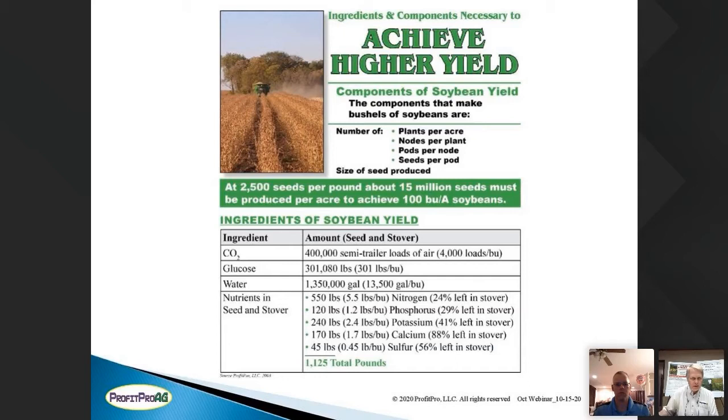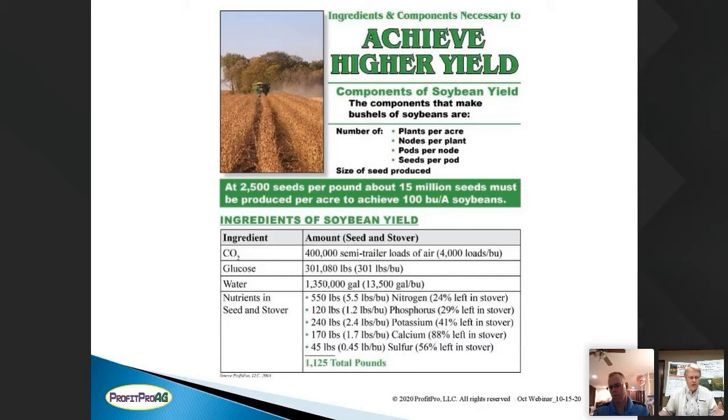It takes about 13,500 gallons of water, over twice as much as corn. Why? Because in the carbon need, the water need, and the nutrient need, we're building a higher energy, nutrient-dense product with oils and proteins in it. It takes about the same amount of nutrients as a 400-bushel corn plant.